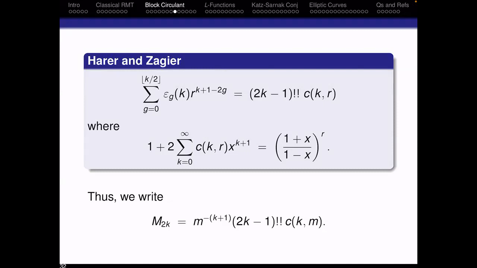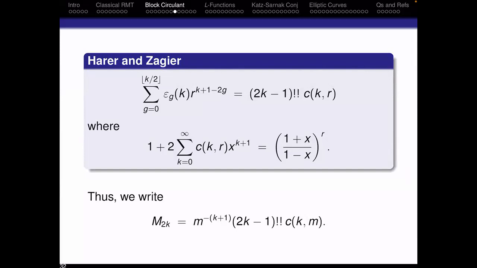So if I pull out a 2 from each one, I get 2 to the k, and then k factorial. So when I'm looking at the ratio, it's actually going to be something like 1 over 2 to the k, but a 1 over k factorial. And the k factorial grows so rapidly that I'm not worried about the t to the 2k. I just need some weak control over how large the c_{k,m} can be.